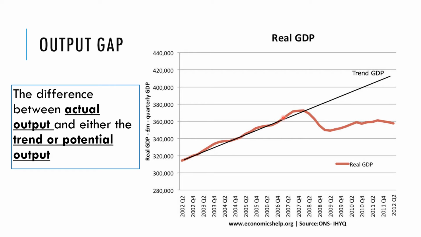And if we do a trend for this period of time, then we get the black line, a line of best fit. Now what we can see is that after 2008, a gap opens up in terms of output between the actual output in the red line and the trend level of output, which is the black line. And we would describe that as being an output gap, where there's a difference between actual output and what we would expect from the economy.